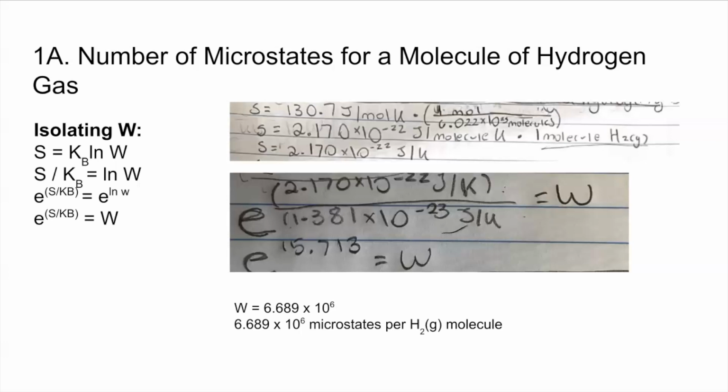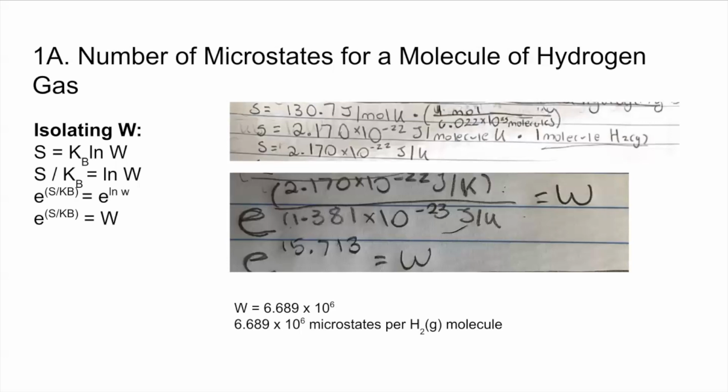And in order to prepare the units for the next part of the problem, I multiplied by 1 molecule of hydrogen gas, since the problem asked for 1 molecule, to get an S value of 2.170 times 10 to the negative 22 joules per Kelvin. I then plugged this S value into the equation on the left side of the screen, where I isolated for W and used Boltzmann's constant to solve for the number of microstates.